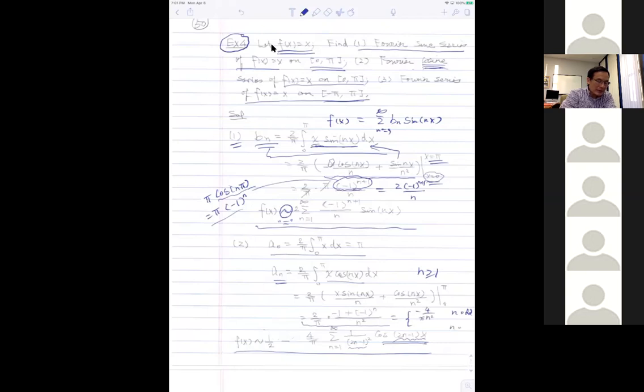When n is even, this would be 1, this would be negative 1 and 1, so this would give us 0. So at the end, the summation involves only the odd terms, when n is odd. That is why I write 2n minus 1. When n runs from 1 to infinity, this would run over all the odd numbers. That is how this comes about. Any question?